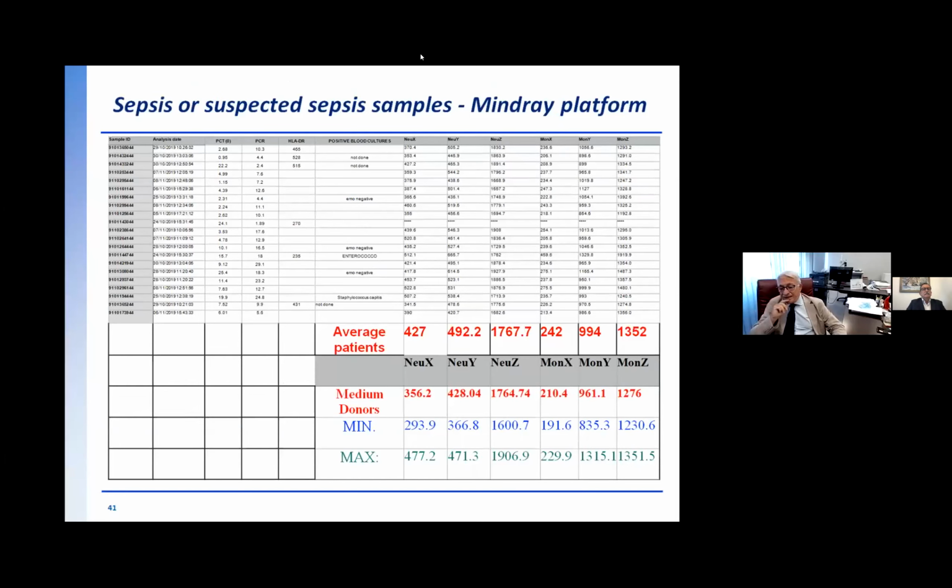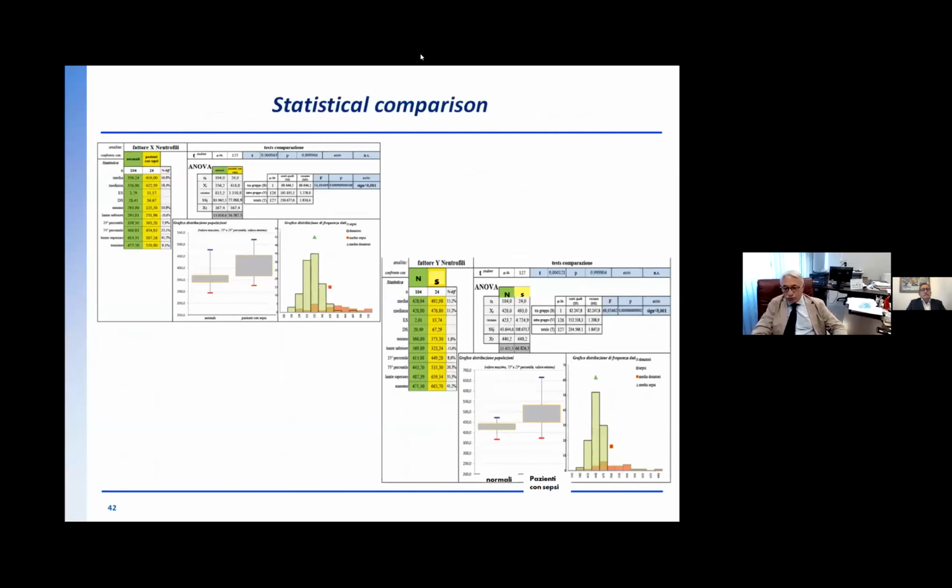So you can see the cellular complexity that is increased in sepsis patients, 427 as against 356, and the same for an EUY of 492, as well as all the other parameters. So big, relevant differences in these parameters have been detected thanks to this platform in these two populations, the donor population and the sepsis population.